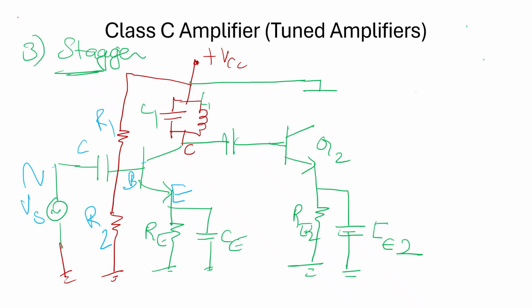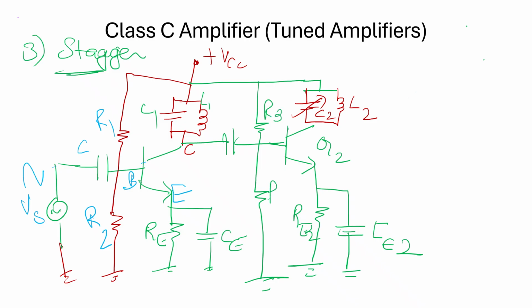This again has a separate tuned circuit with the variable capacitor. This is going to be C2, L2, and we still have a separate R3 and R4 voltage divider biasing, all commonly connected to plus VCC.